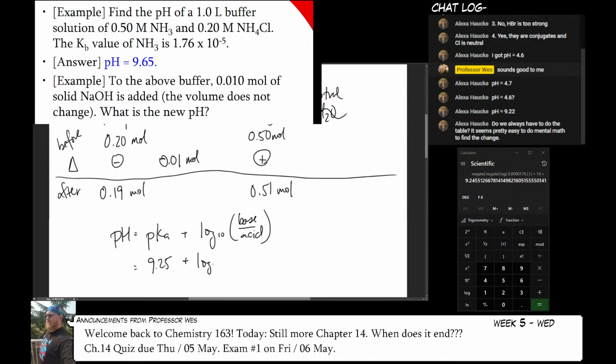plus log of, what's the base? This is the base over the acid. So we'll punch that in the calculator here. 0.51, 0.19. We're going to log that and add that to 9.25.